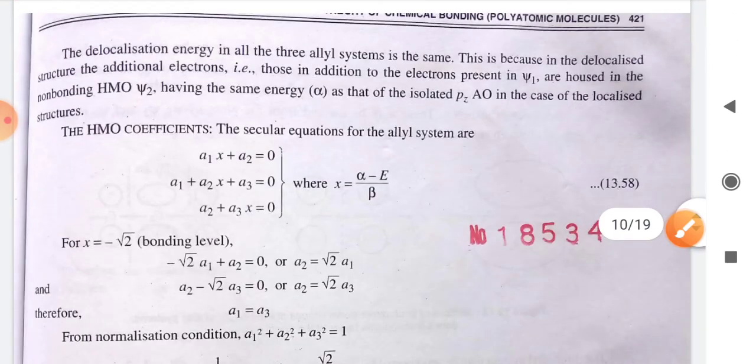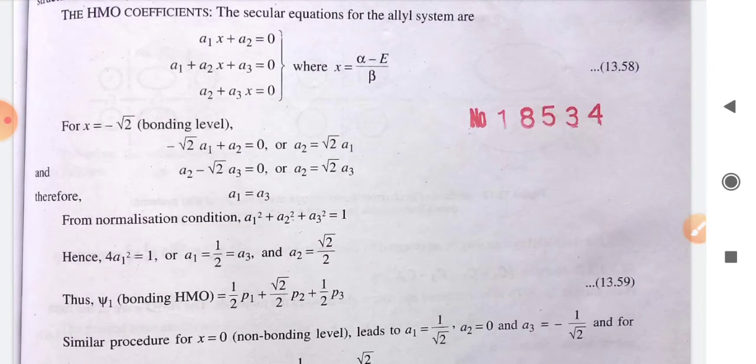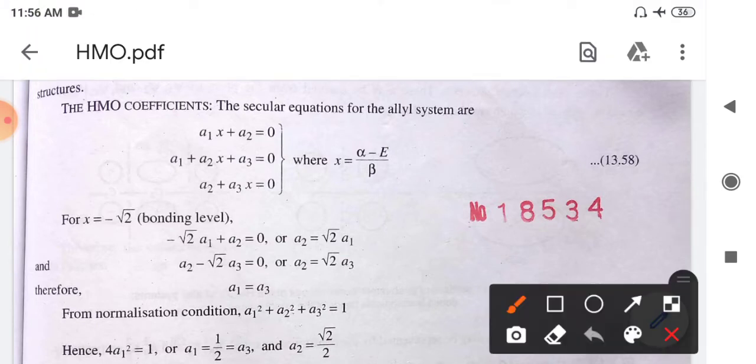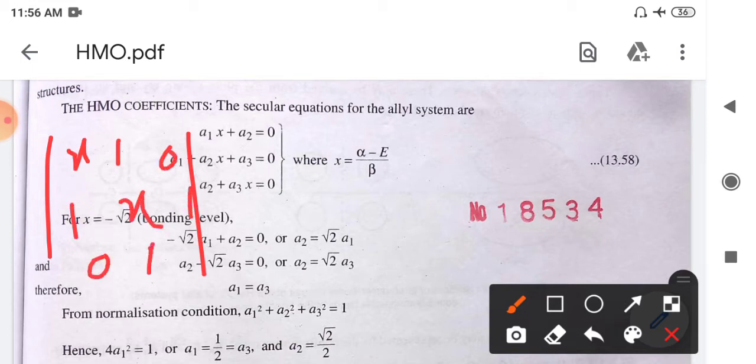Next is to find the coefficients. The next step is to find the coefficients of our equations. In order to find them, again we need to do matrix multiplication. Previously we obtained one 3 by 3 determinant. What was that? x 1 0, 1 x 1, 0 1 x. That is the determinant we obtained.